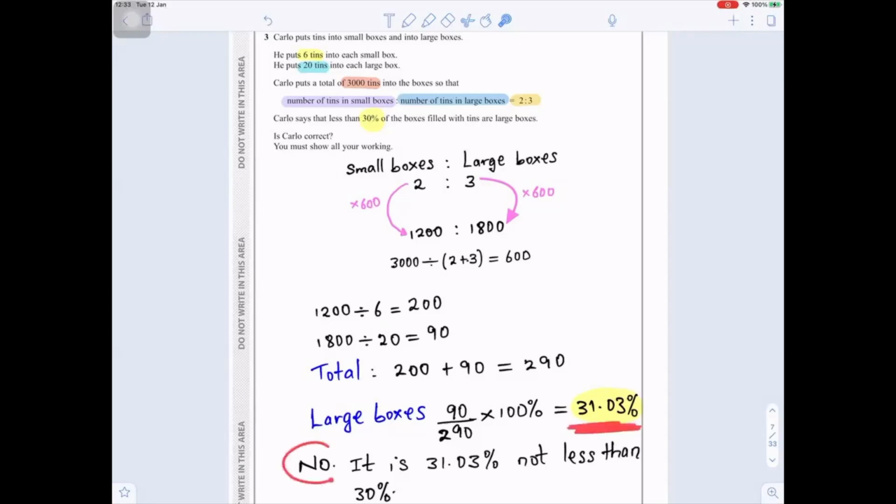So the answer is no, because 31.03% is not less than 30%. It is more than 30%. So we have shown that they say 30%, but we got 31%. So the answer is no.